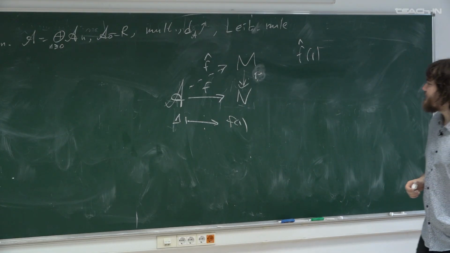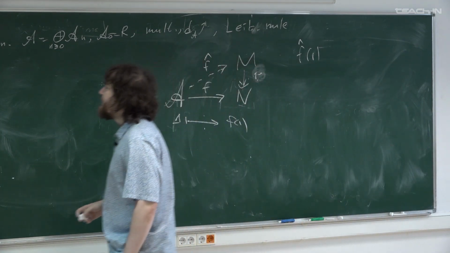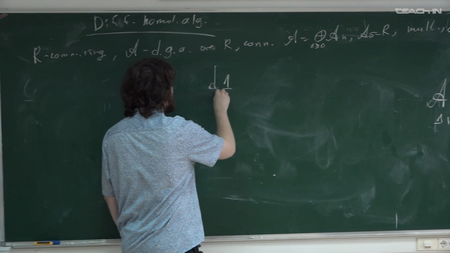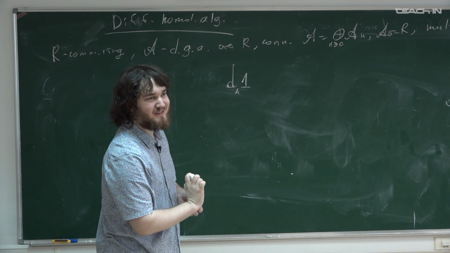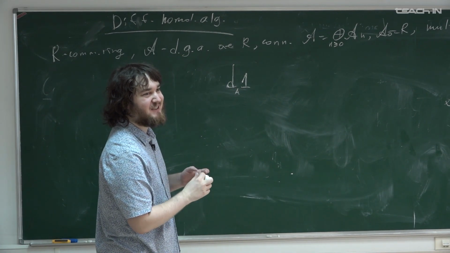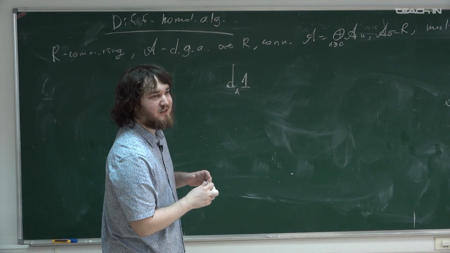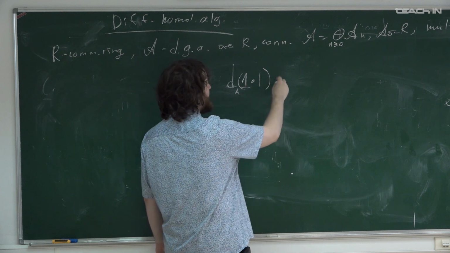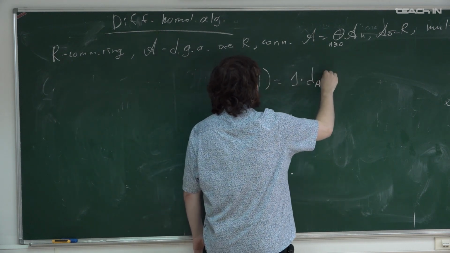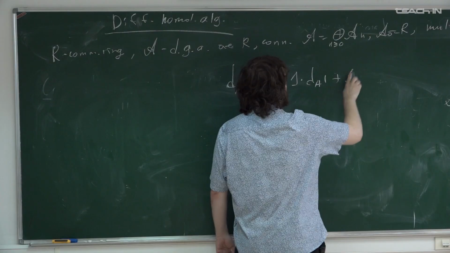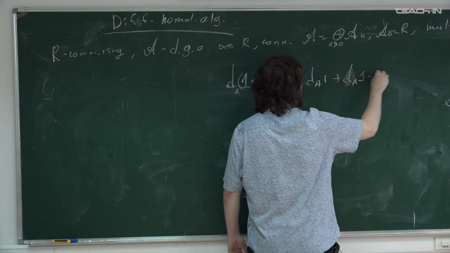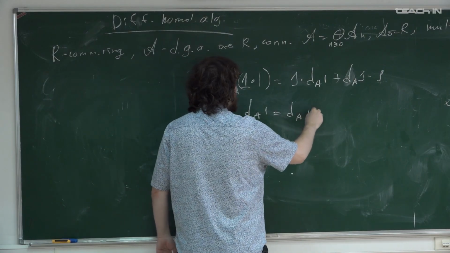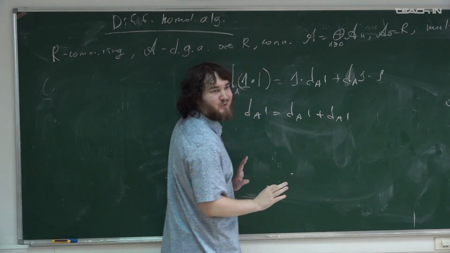But what is d of unit in A? It's because of the Leibniz rule. Because it's the unit in degree 0, I obtain d unit equals d unit plus d unit, so d unit is always 0.